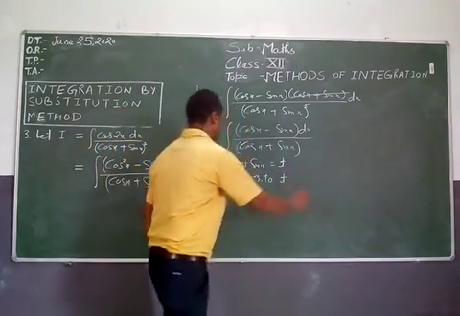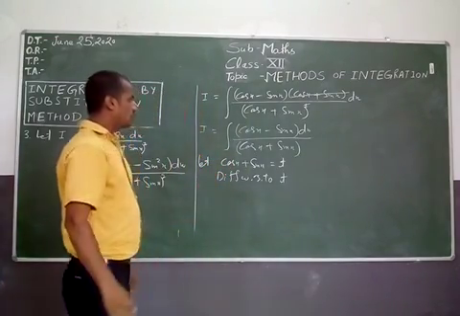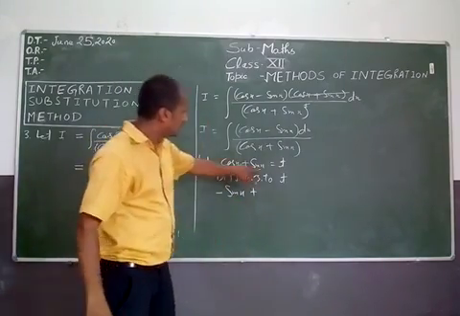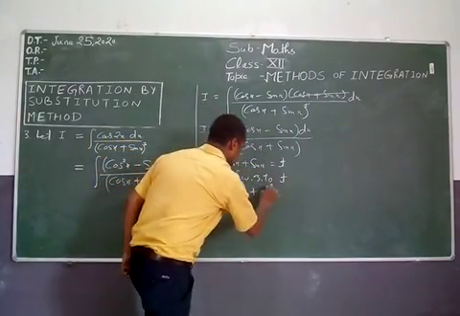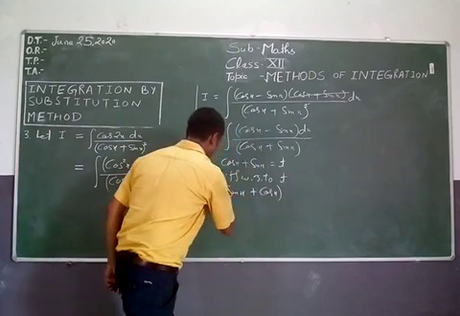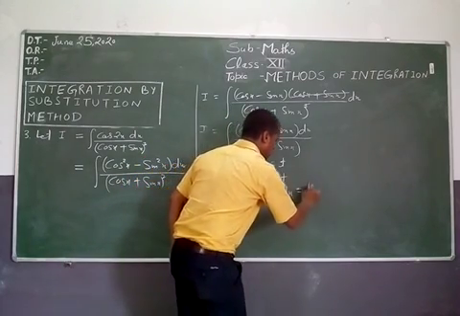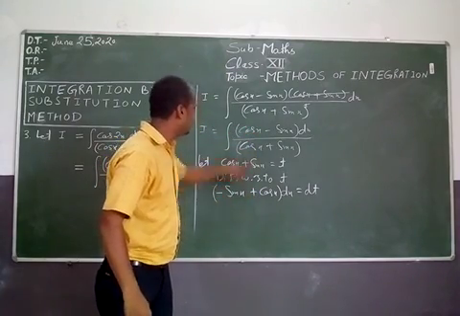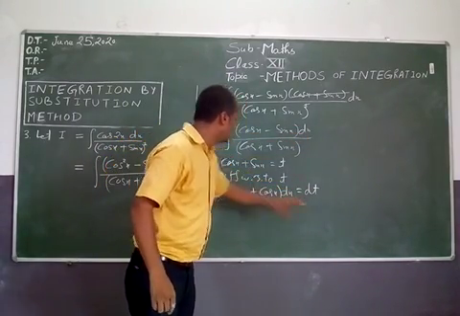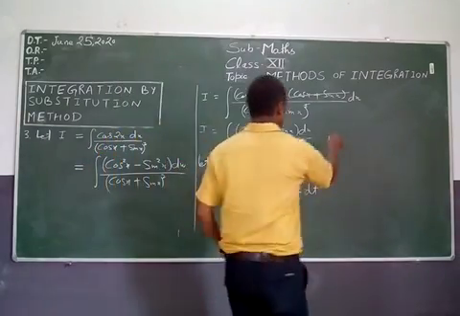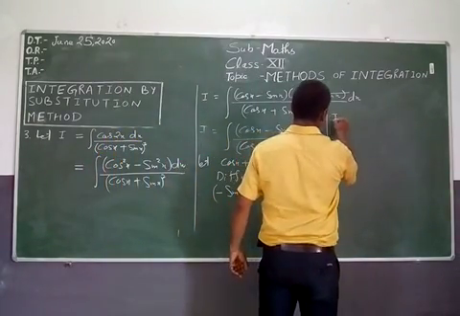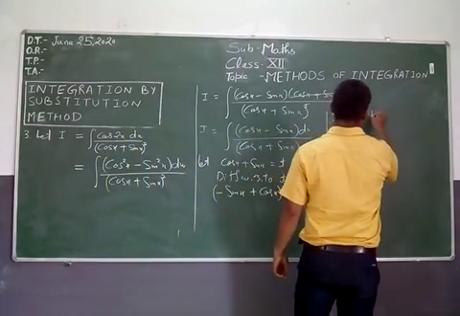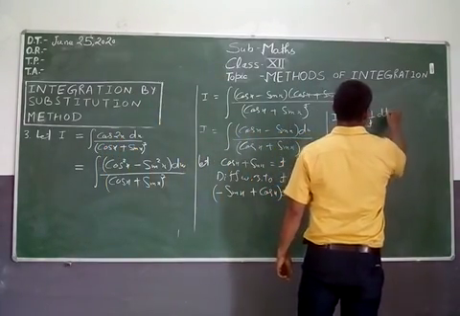We can write here derivative of cos x is minus sin x plus derivative of sin x is cos x equal to dt. Same value we have cos x minus sin x into dx equal to dt. So we can substitute here. I equal to integration of 1 upon t into dt.